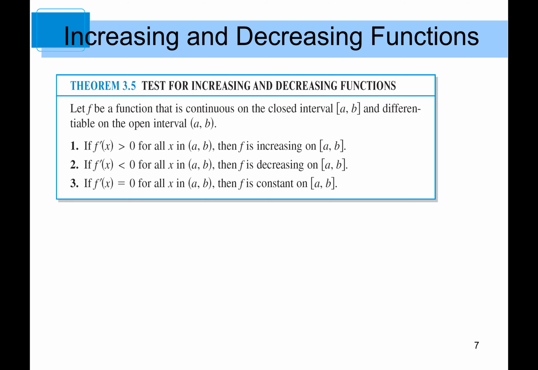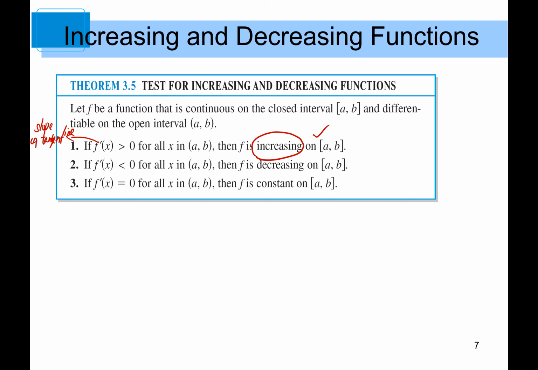Okay. So the test for increasing and decreasing functions: we have a function that is continuous on a closed interval a comma b and differentiable on the open interval a comma b. If f prime of x, which is the slope of the tangent line, is greater than 0 for all x in the open interval a comma b, then f is increasing on the closed interval a comma b.